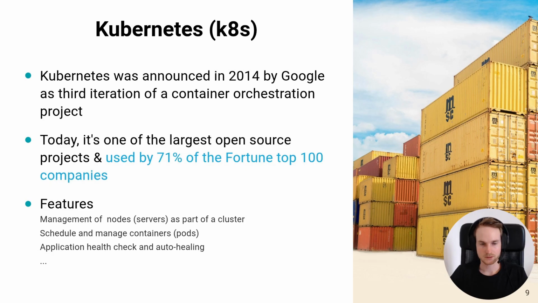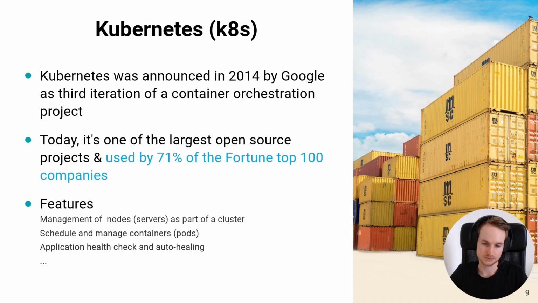From the problem of how we can manage all these different containers running on different machines, Kubernetes was announced in 2014 by Google. It was actually the third iteration of such a cluster orchestration software. And right now it's one of the largest open source projects, and it's used by almost every Fortune top 100 company.